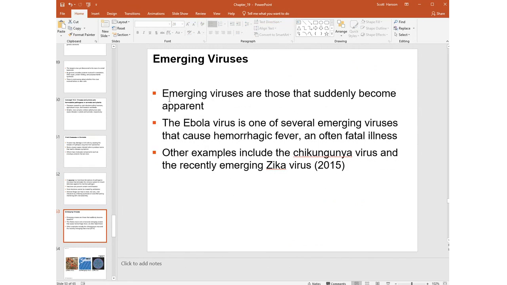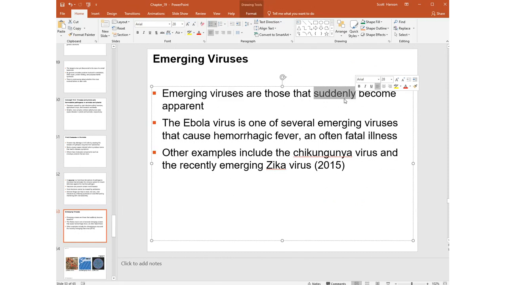So emerging viruses, what we mean by emerging viruses are things that suddenly appear on the scene, suddenly become apparent. It could be something that was in the environment or in wild animals for quite a period of time, but they're things that suddenly become noticed by people. For example, the Ebola virus, one of a lot of different emerging viruses that cause hemorrhagic fever, hemorrhaging and bleeding, in other words, and a lot of times a fatal illness.